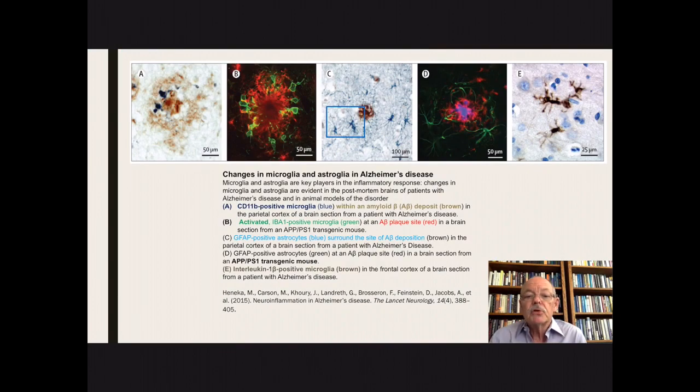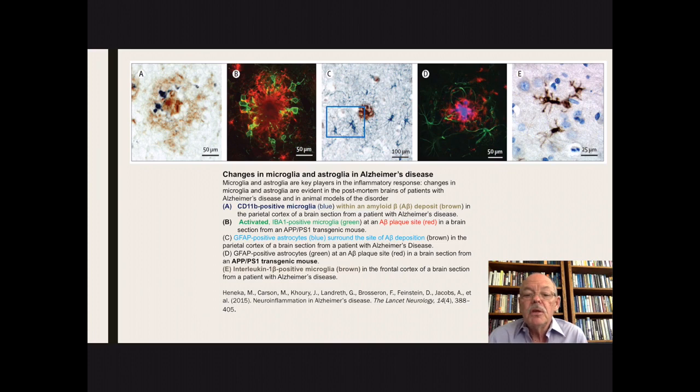The next slide shows you some pictures which prove this concept. In panel A, you see microglia in blue directly adjacent to a beta amyloid deposit in the parietal cortex of a brain section of a patient with Alzheimer's disease. In panel B, you see activated microglia in green and an amyloid beta plaque site in the brain of a transgenic mouse which carries the APP, amyloid precursor protein gene derived from man.